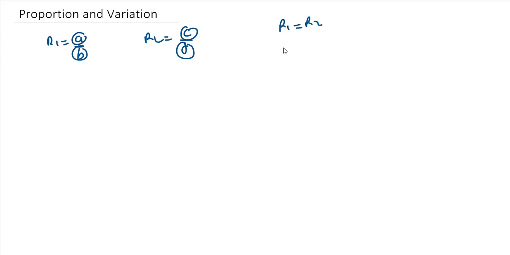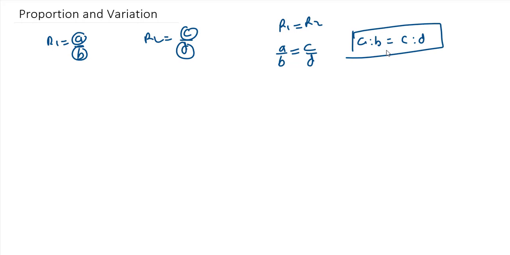Since these two ratios are equal, we can say that A by B is equal to C by D, or in other words we can say that A is to B will be equal to C is to D. That means A, B, C and D are proportional to each other, where A and D are called extremes and B and C are called means.